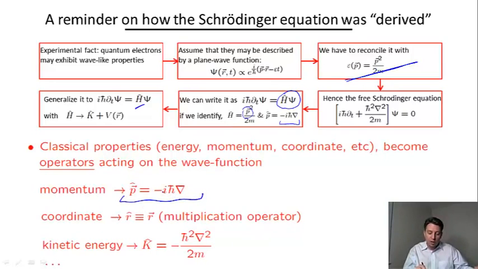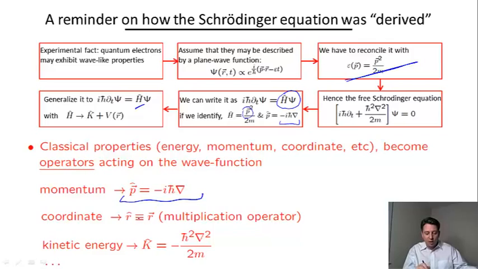And by the way, I should mention that the minus sign is really sort of a convention, which must be consistent with the convention we choose to describe a plane wave in a sense. It could have been plus, but this is the convention that we use. So apart from that, we also introduced the potential energy, which enters this H hat. And in this setup, the potential energy naturally appears as just a multiplication operator.